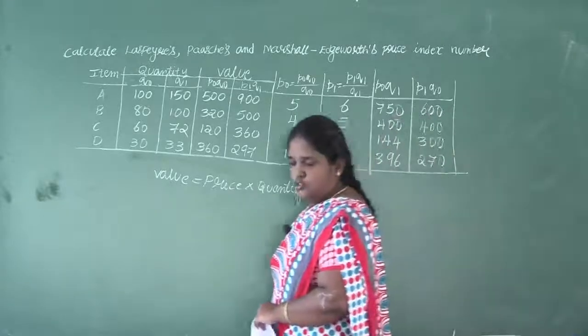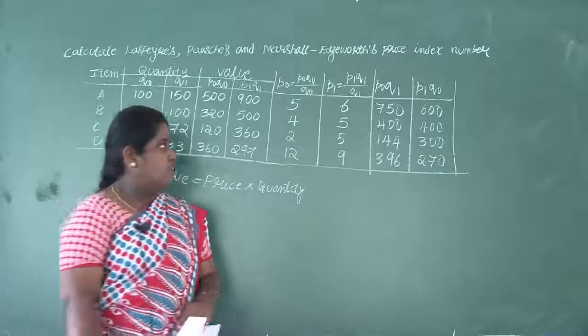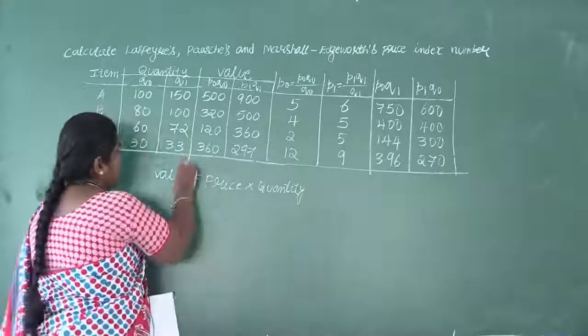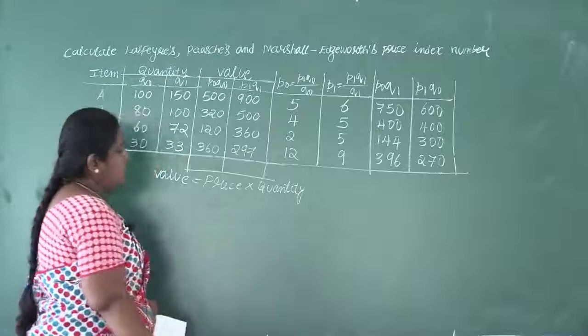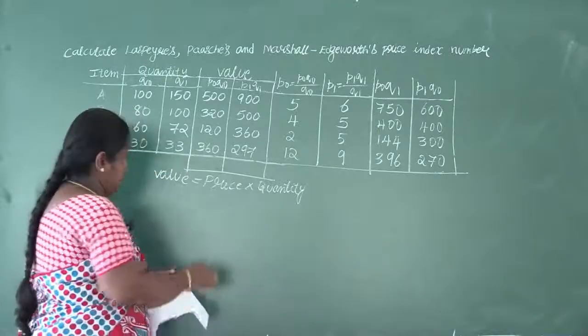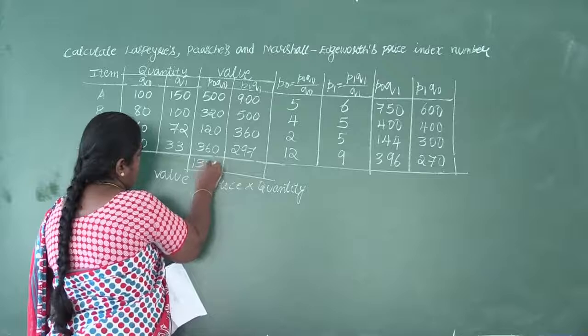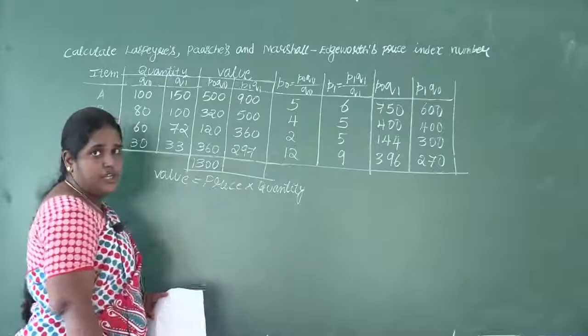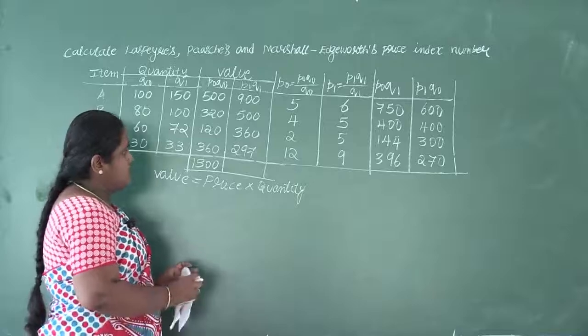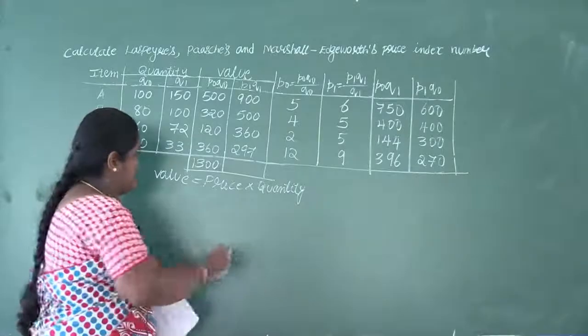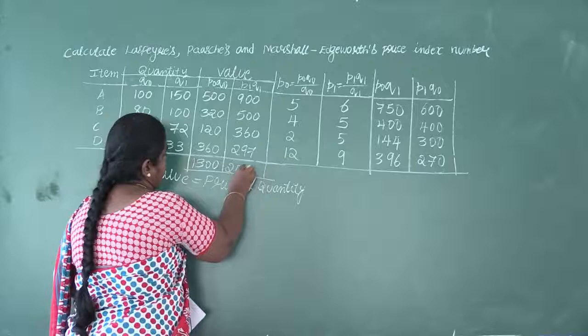So first do the total of the values of 1995 and 1996. So 1995 values are 500, 320, 120 and 360. The total is 1300. And 1996 values are 900, 500, 360, 297. We'll get 2057.